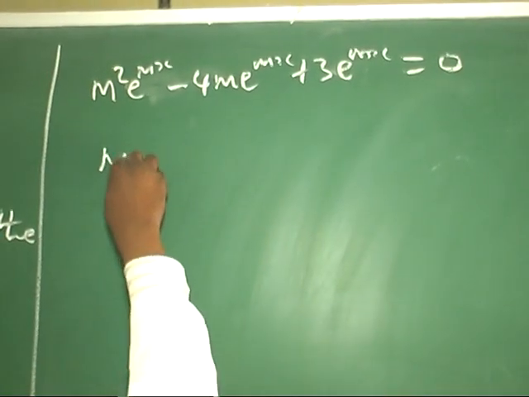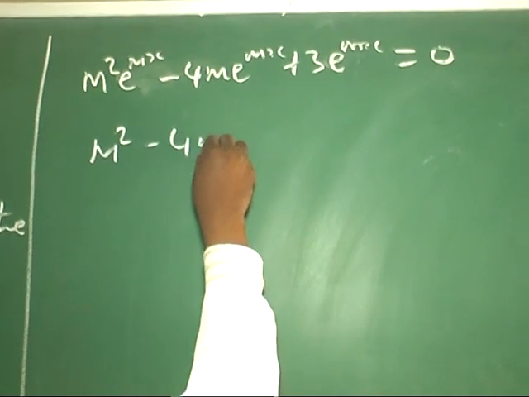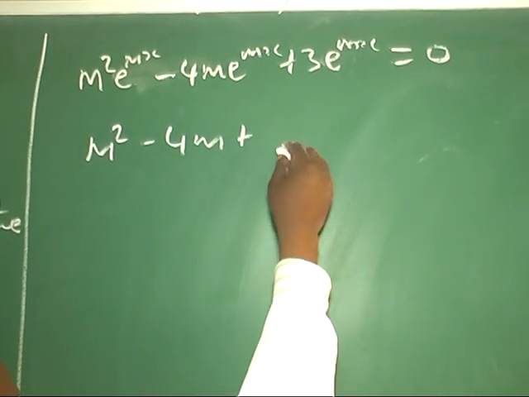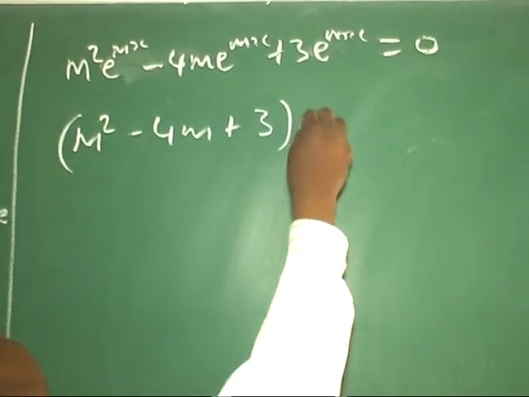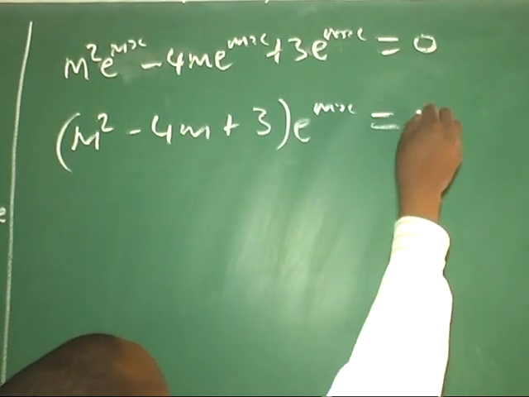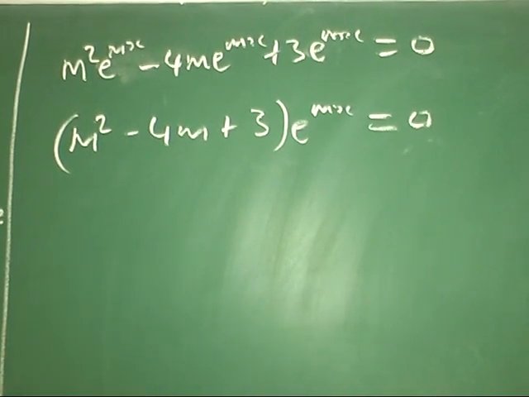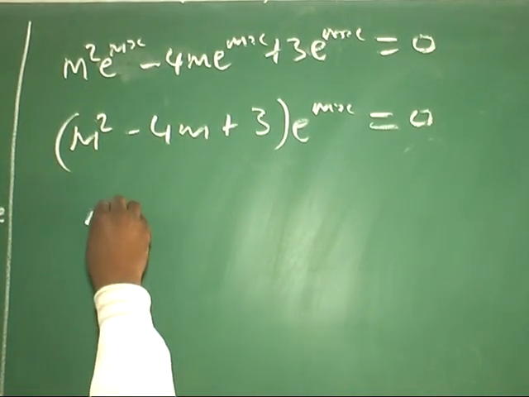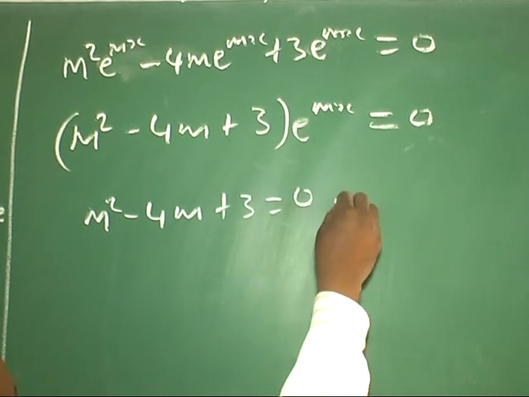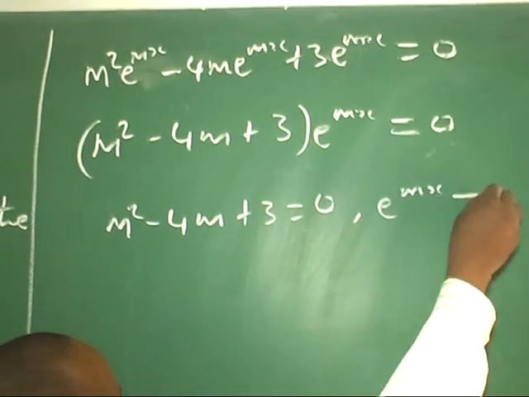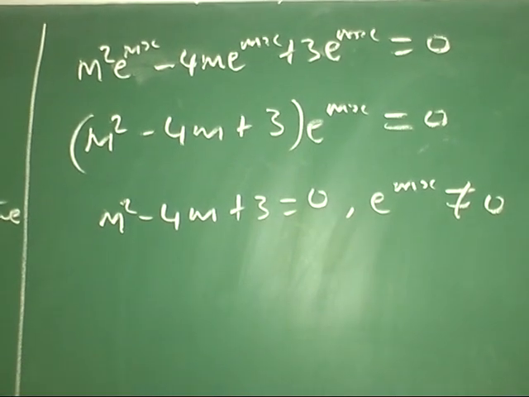So we have that (m squared minus 4m plus 3) exponential mx is equal to 0. Now, m squared minus 4m plus 3 is equal to 0, since exponential mx is not equal to 0.